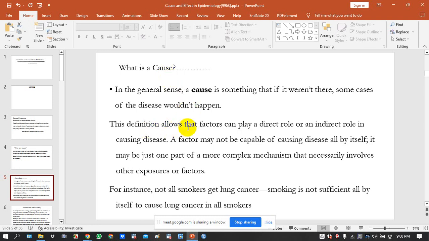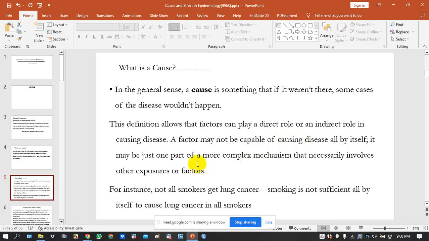So this definition allows that factors can play a direct or an indirect role in causing the morbidity, disease, or outcome. For instance, a factor may not be capable of causing disease all by itself.